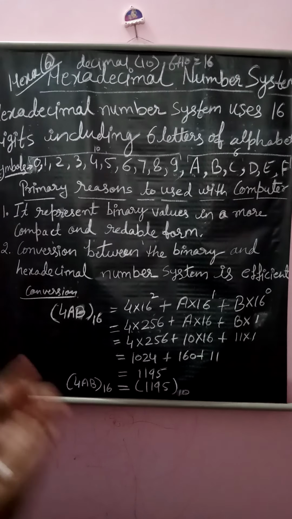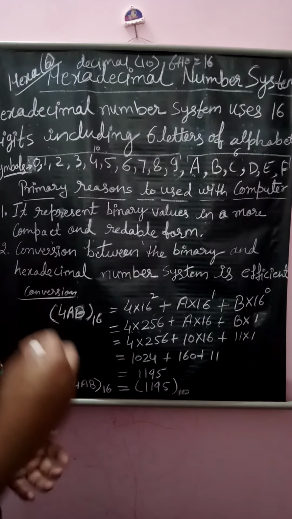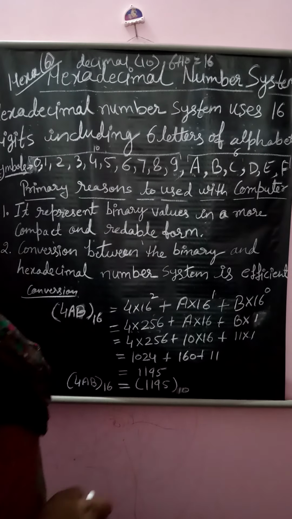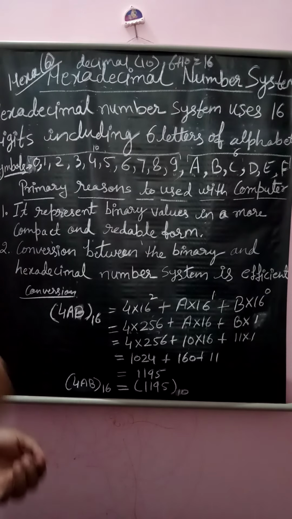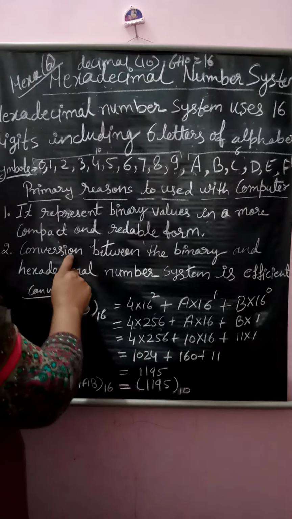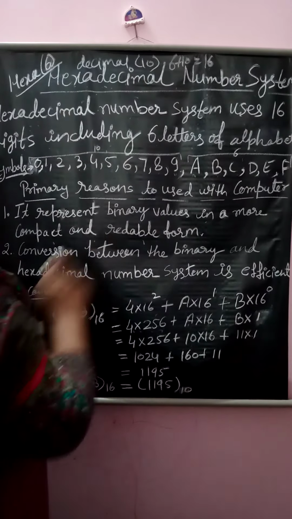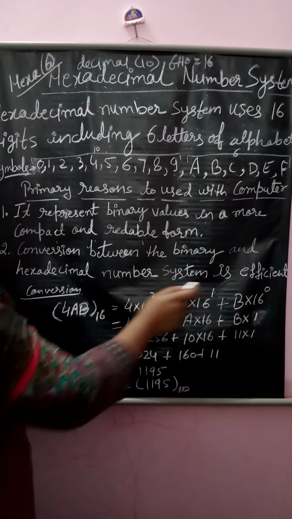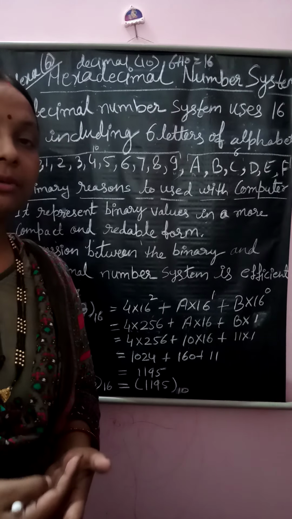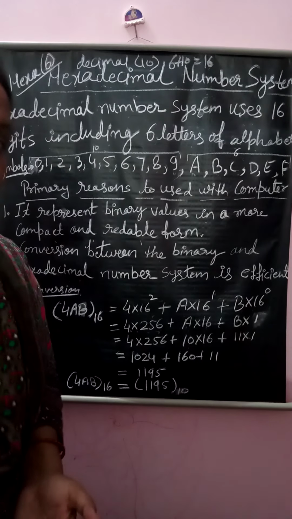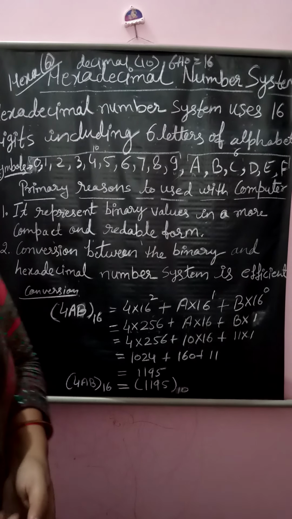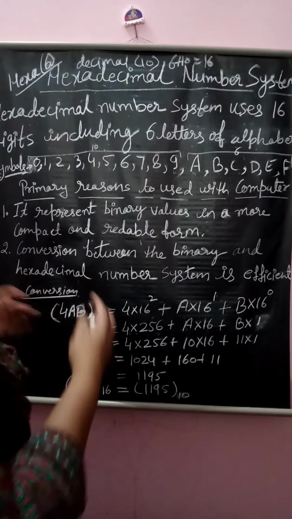It is easy for processing the data because of this. The second reason is that conversion between the binary and hexadecimal number system is efficient. If we want to convert a hexadecimal number into a decimal number or a binary number, it is easy to convert.